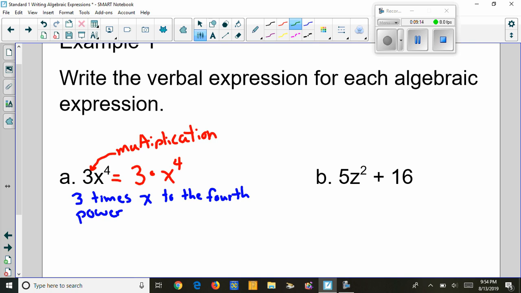Another possible answer would be, or could be, the product, because we're dealing with multiplication, of 3 and x to the 4th.